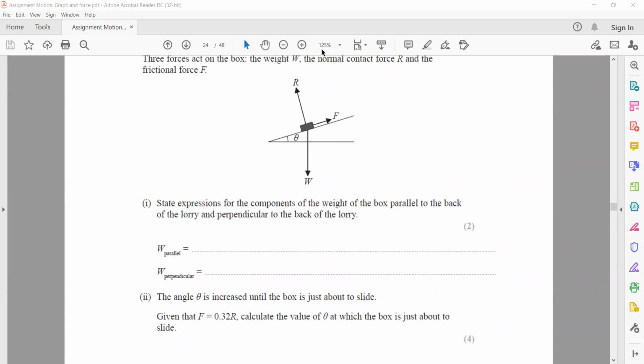The box is about to slide down, so we have W cos theta perpendicular and W sin theta parallel. It is about to slide, so we consider the resultant force to be 0 at that moment.